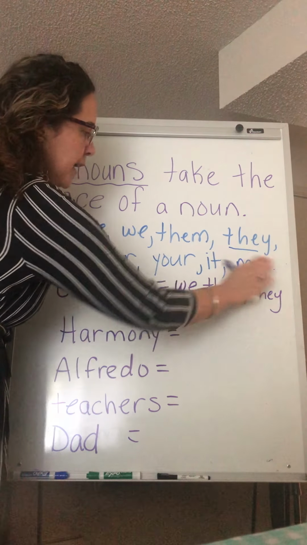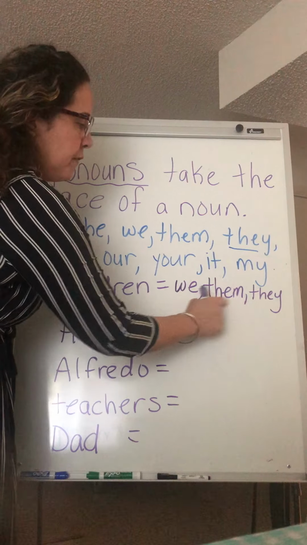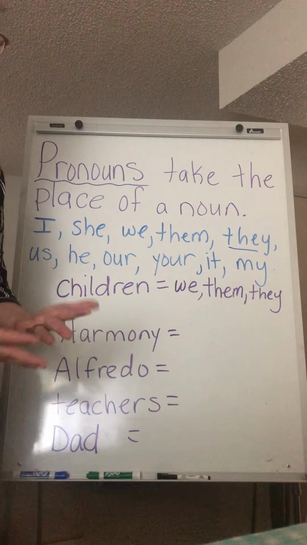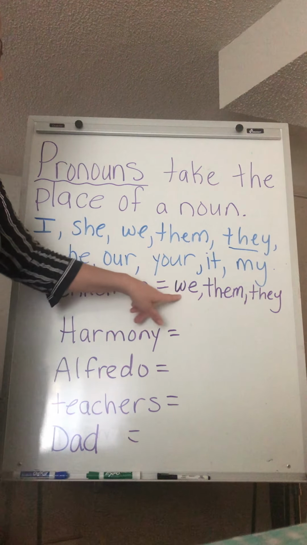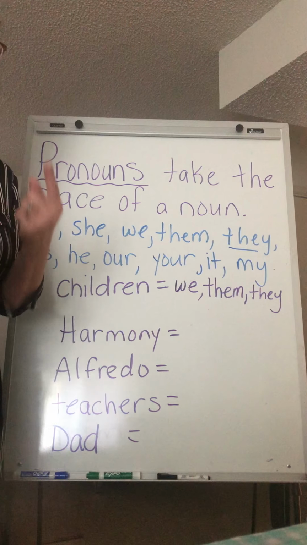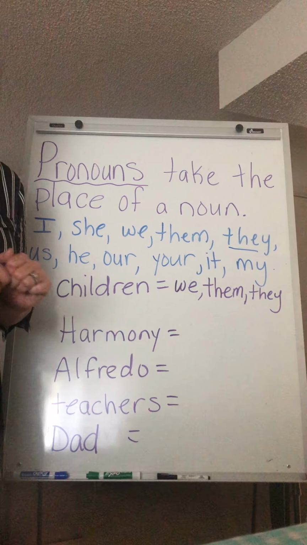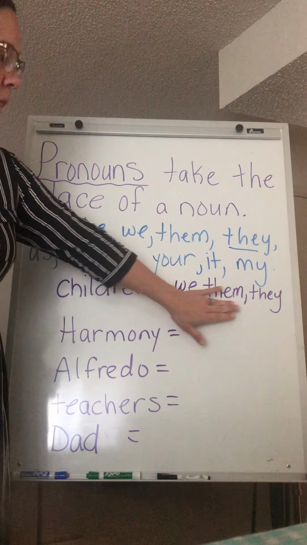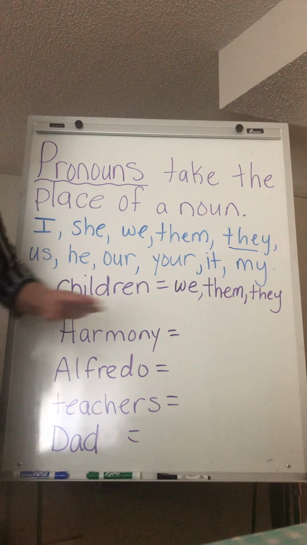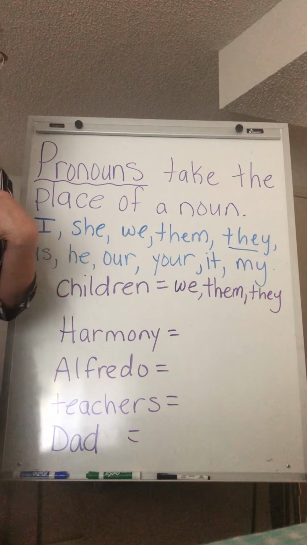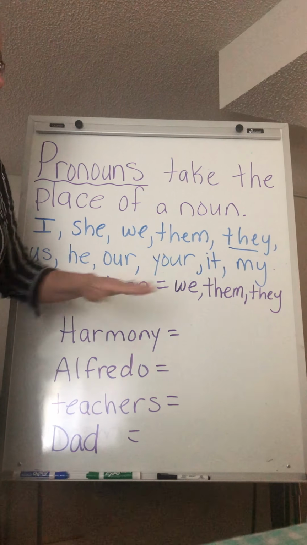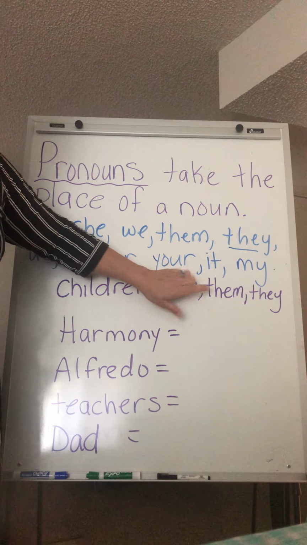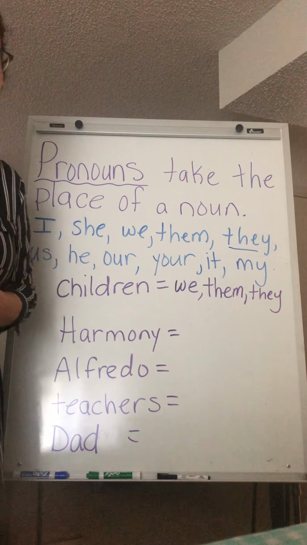You're telling me by using this pronoun, all of these, they mean more than one. The word we, if you're saying we, you got to be careful because you're telling me that you are part of that sentence. If you were not in the sentence, you could use the word them or they. So remember, we tells me you're in that. If you're not there, then you would use the word them or they.